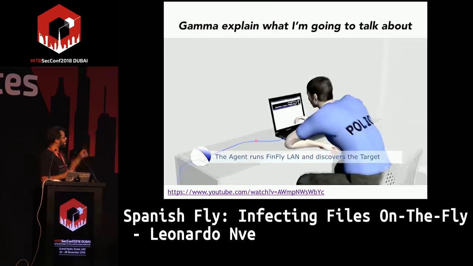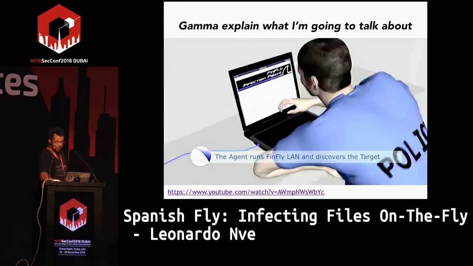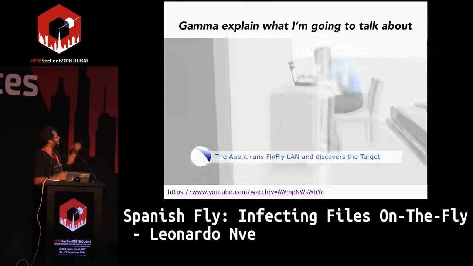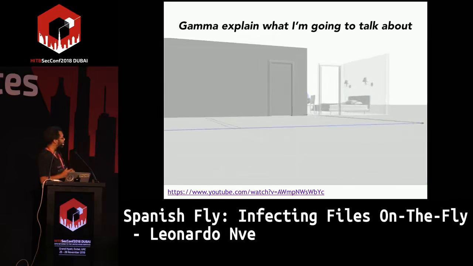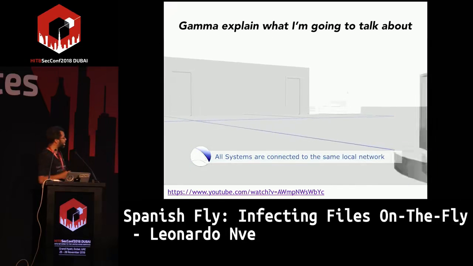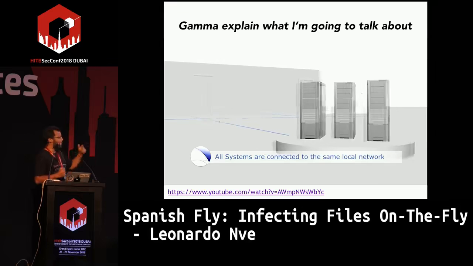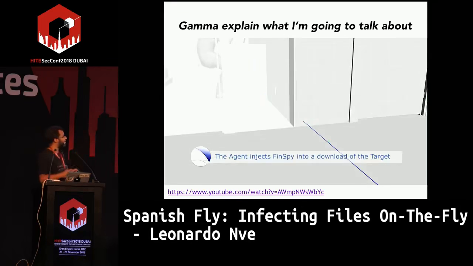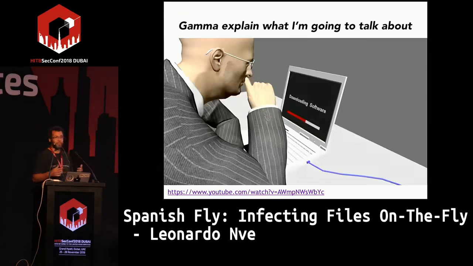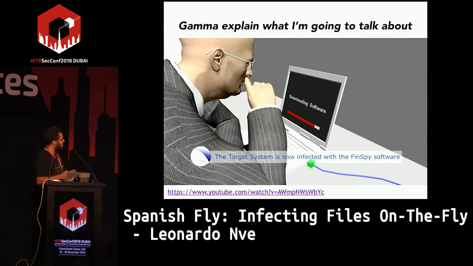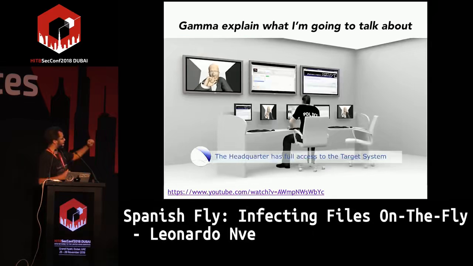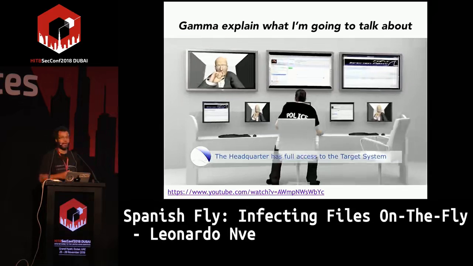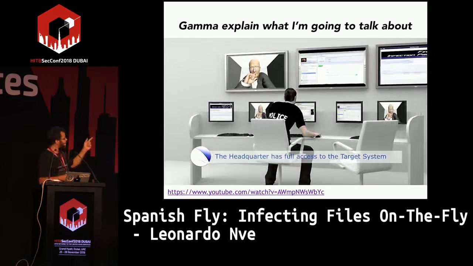For example, this one is where they have a tool called FinFly that does a man-in-the-middle attack, and when a target downloads something, for example in a hotel, they implement an attack to infect the file they download.